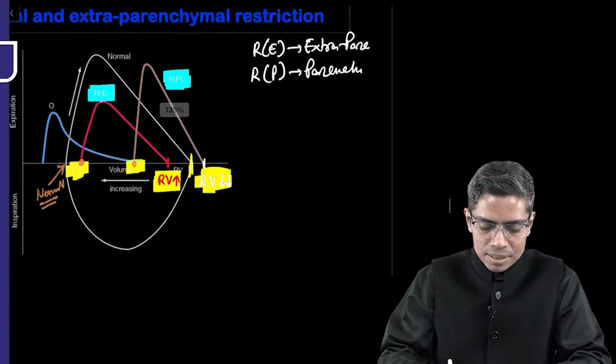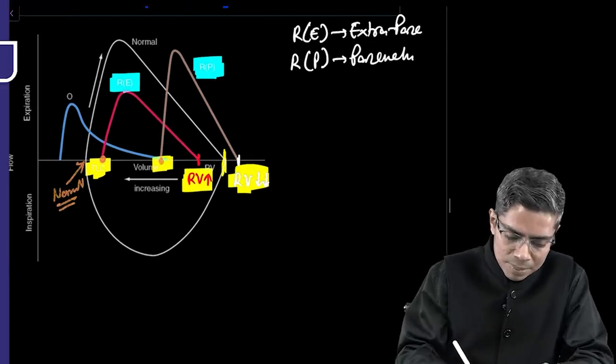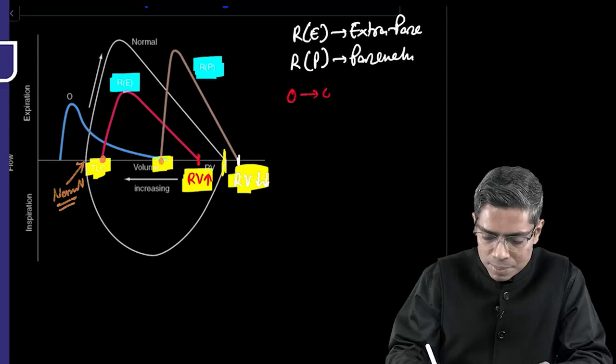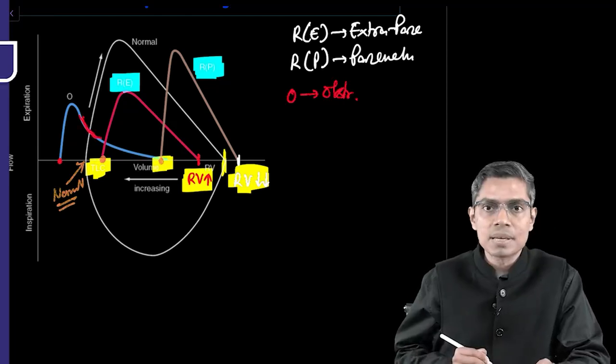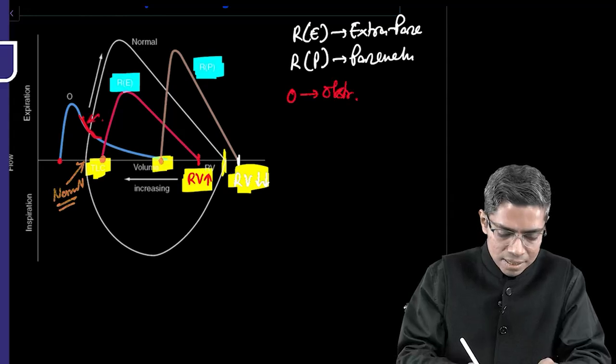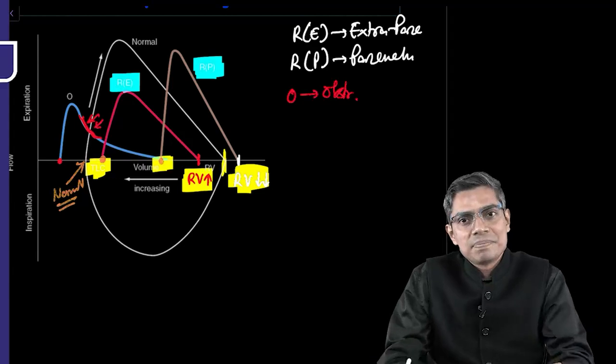This is nothing but restriction, parenchymal and extraparenchymal. If you look at the obstructive disease, O here is the obstructive disease. TLC is very high, and you can easily find out this scooped out appearance. So this indicates that this is typical of obstructive airway diseases, right?